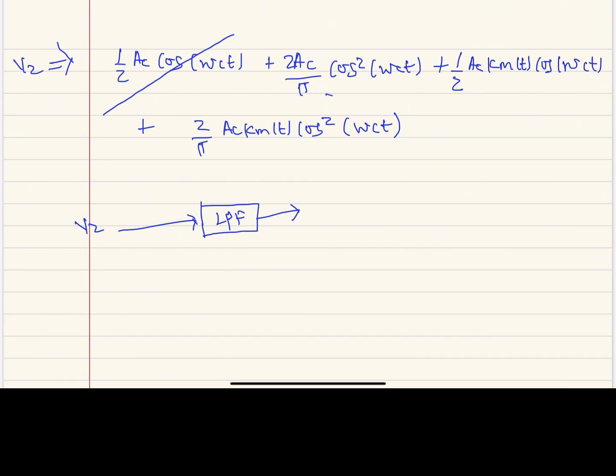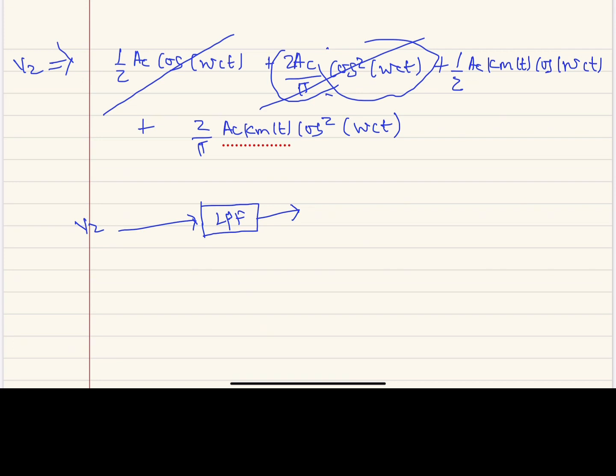Looking at the second one, the cos function has been squared. That means even the frequency of the carrier signal has been squared. We don't even have the message signal inside, and therefore that one also goes to 0 because the low pass filter will not allow it to enter. Let's look at the next one.